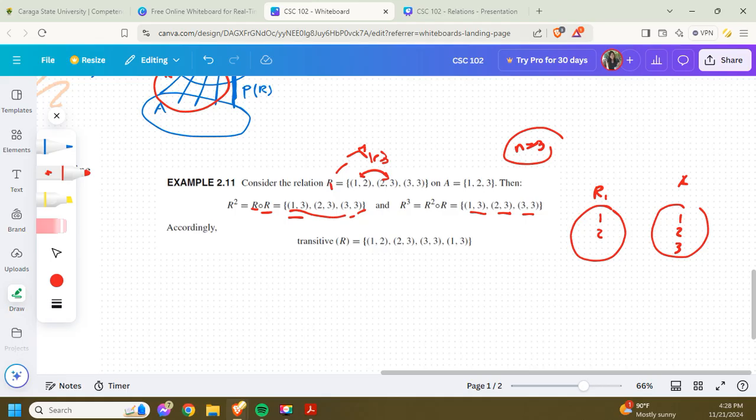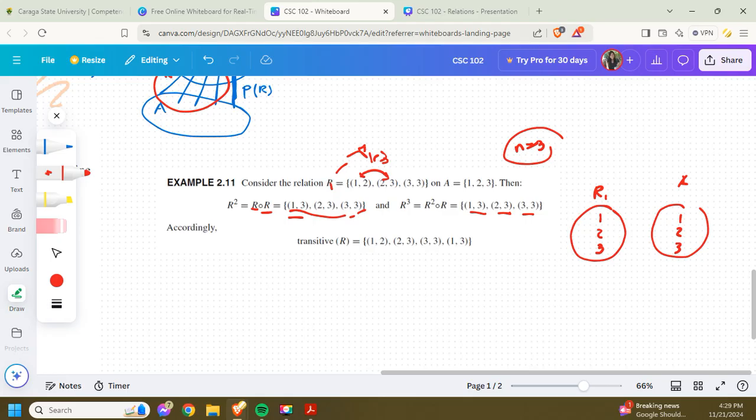So technically, what you're doing is just finding the transitive R, the main R. So it's just the union of R2 and R3 here. So you have 1 2, 2 3, 3 3 and 1 3.